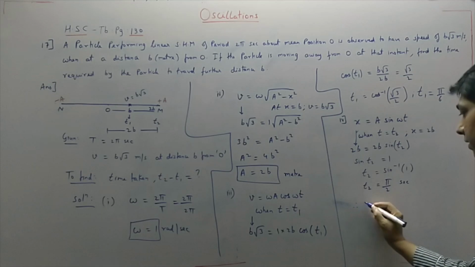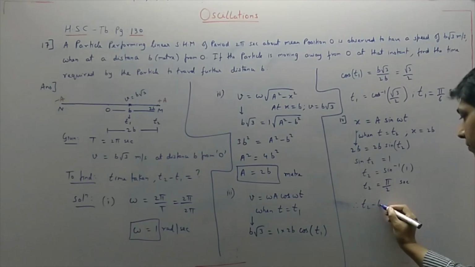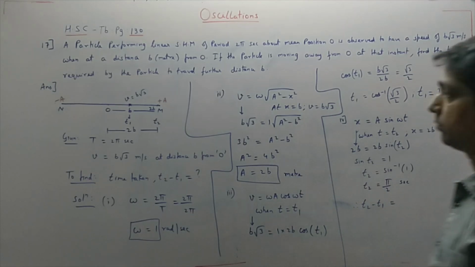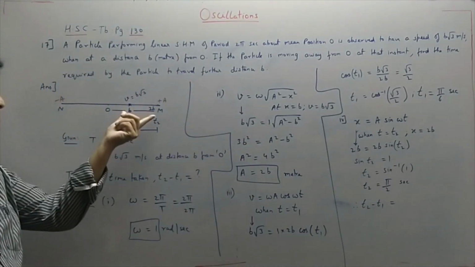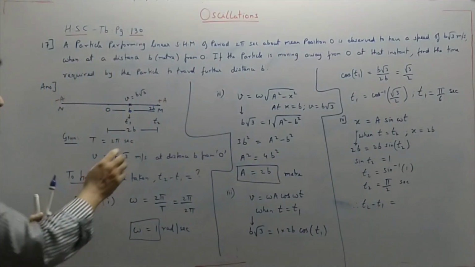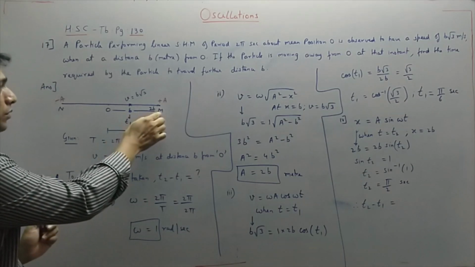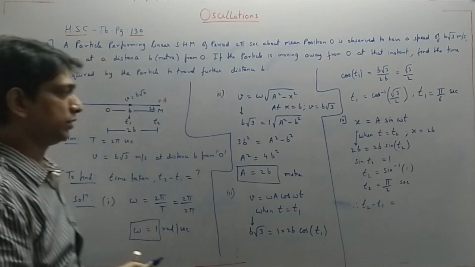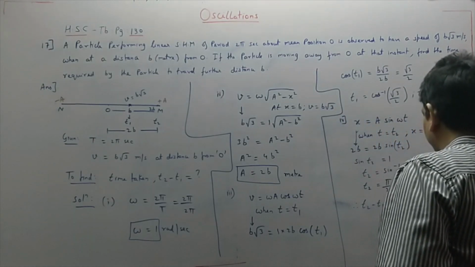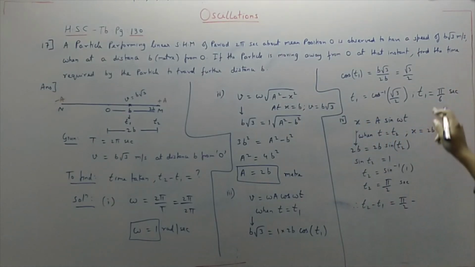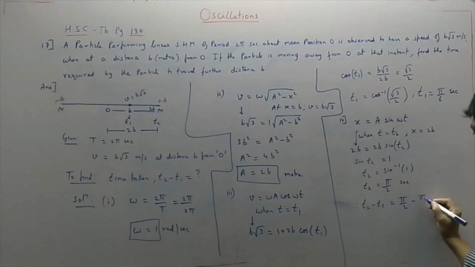Therefore, the final time is t2 minus t1. When the particle moves from b to twice b, what is the time taken? That is pi by 2 minus t1, and t1 we got as pi by 6.